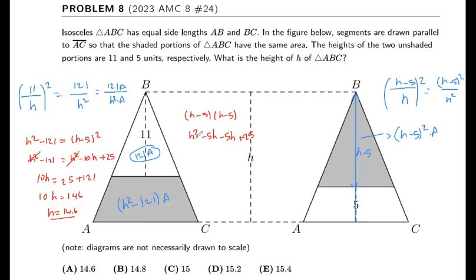So when I did all the work, as you see, that was actually my choice, which is good, and that is the answer. To be honest, this is a bit challenging, especially since it has some algebra involved, but the overall idea is actually the same.